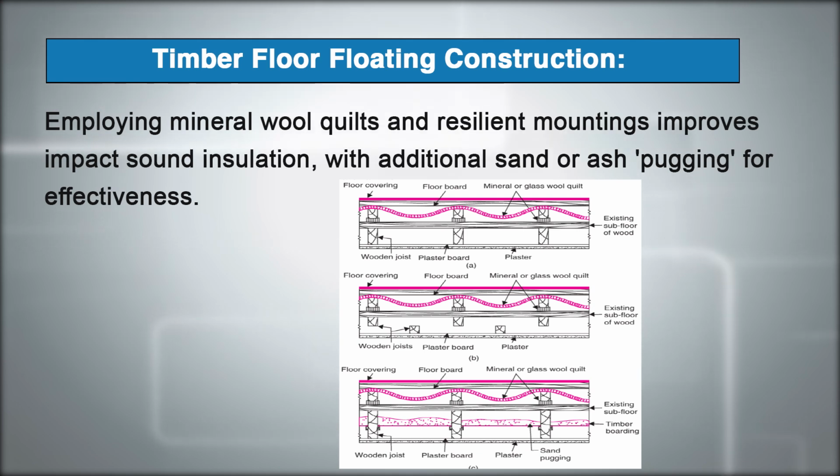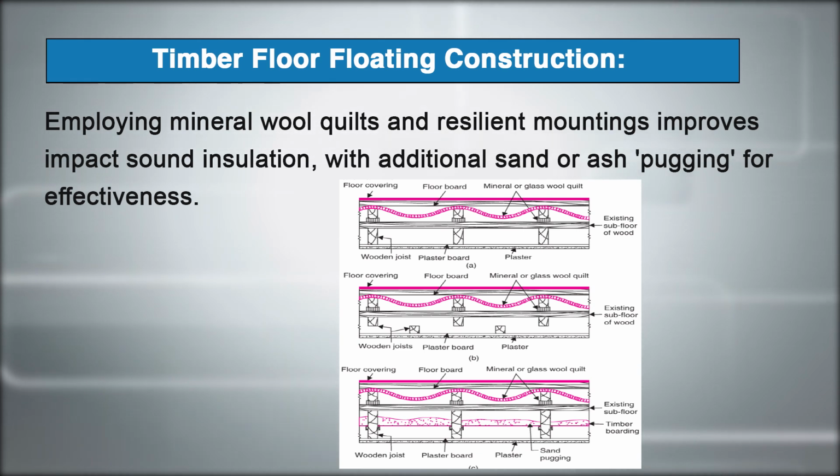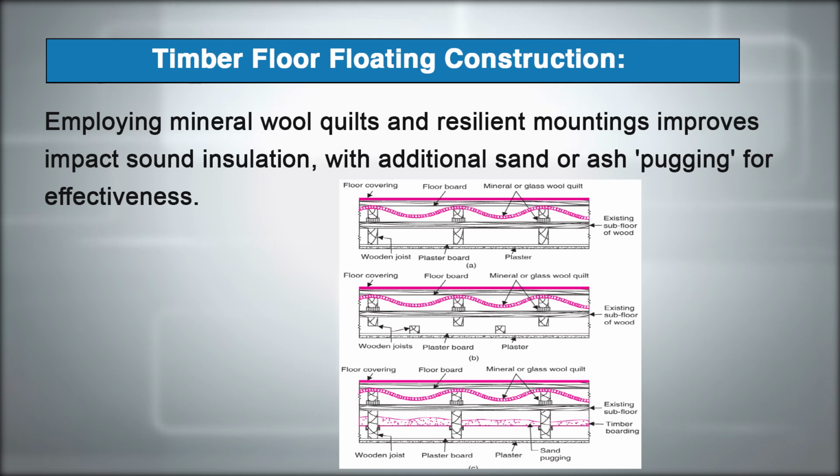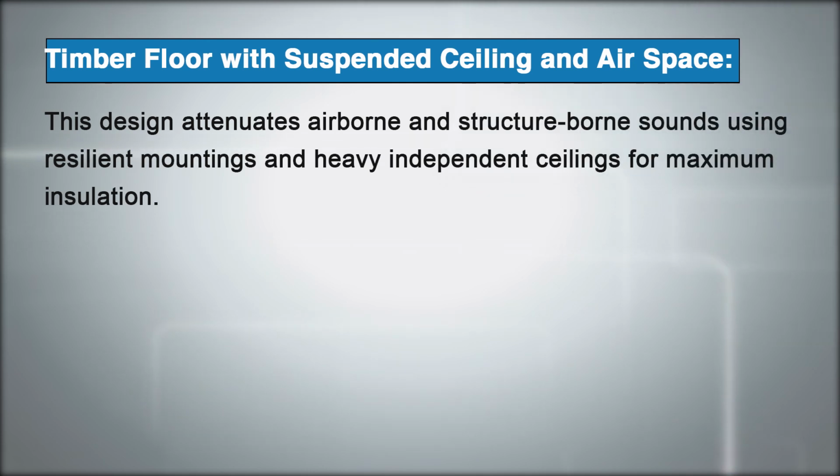Employing mineral wool quilts and resilient mounting improves impact sound insulation, with additional sand or ash pugging for effectiveness. Timber floor with suspended ceiling and air space: this design attenuates airborne and structure-borne sound using resilient mountings and heavy independent ceilings for maximum insulation.